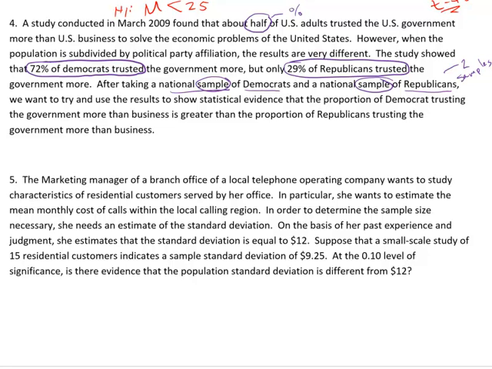It says, we want to try and use the results to show statistical evidence that the proportion, look at that nice giveaway, proportion of Democrats trust in the government, so we'll do proportion D, proportion of Democrats, we'll reference that by pi sub d, and that's going to be compared to the proportion of Republicans.